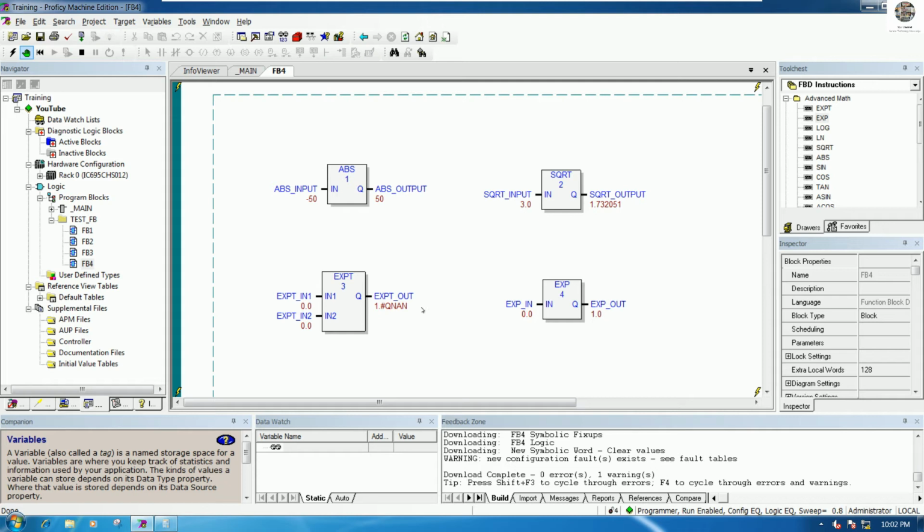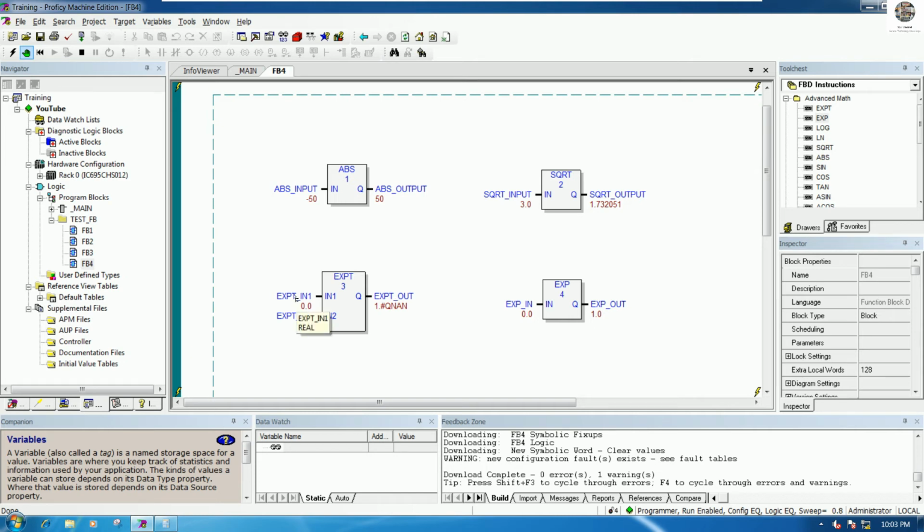Let's see right now the result of EXPT is none, because 0 powered by 0 may be a none value.